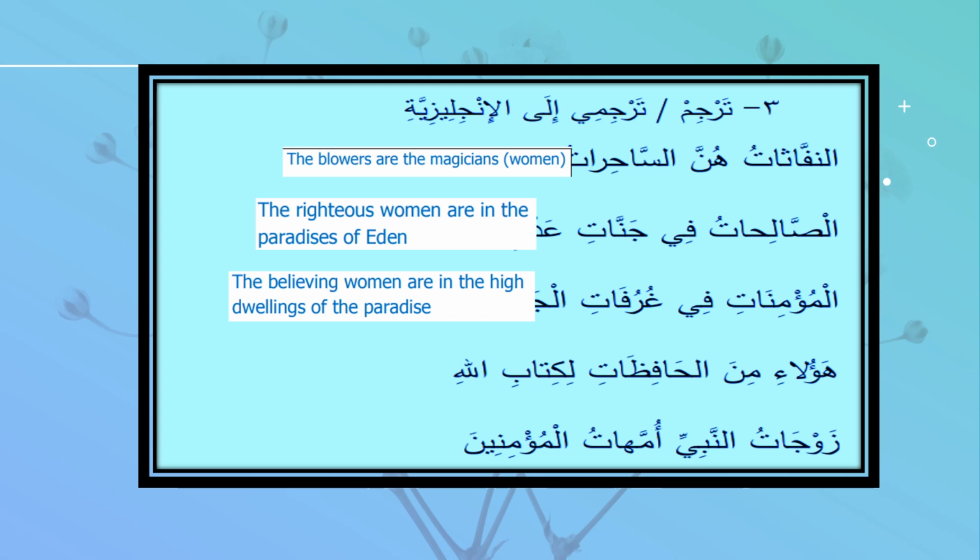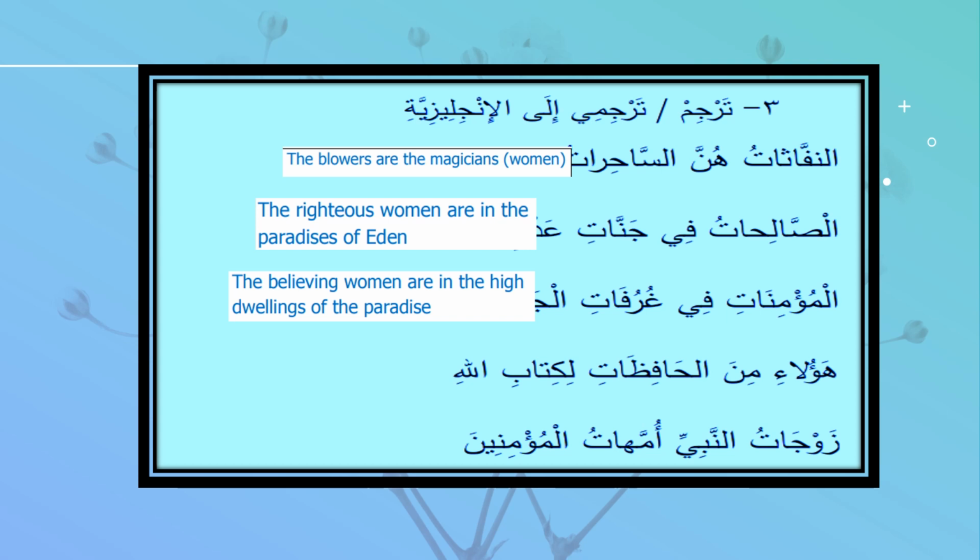هؤلاء من الحافظات لكتاب الله. Now, what is the structure of the sentence? This hawla is coming in the position of mubtada. What about the rest of it? Min al hafizat. Hafizat is muannas. Min al hafizat li kitabillahi. Harf jar, hafizat is majroor, again harf jar, again majroor, and Allah lafzul jalala falls in the position of mudaf ilayh.